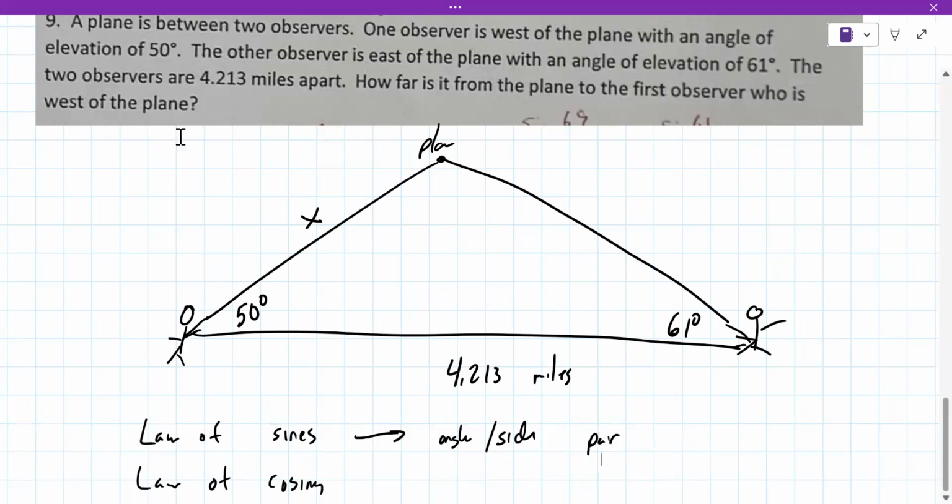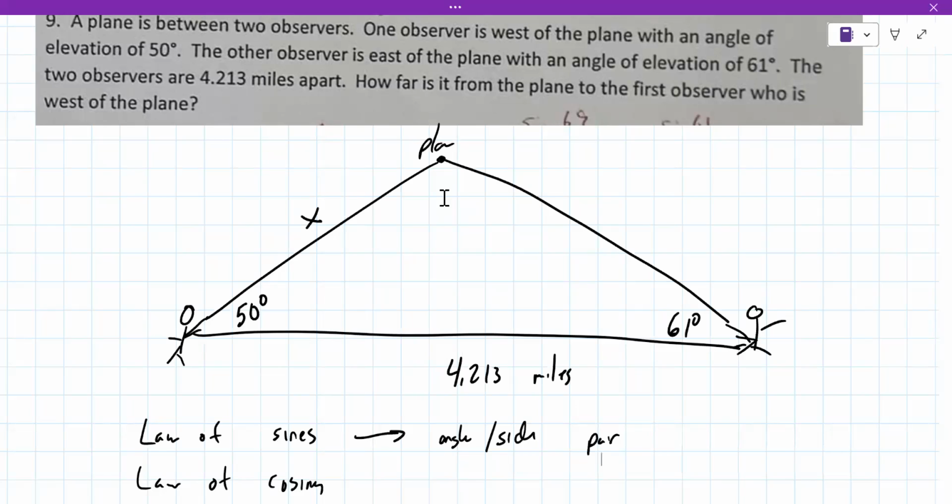Do you have a side and the angle across from it? This time, no. But can you determine that angle? Yeah. Okay, so that angle can be found by subtracting the other two angles from 180.